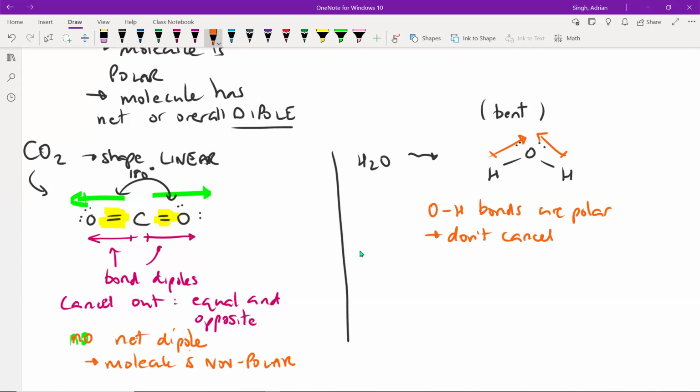The reason is that you can consider these dipoles as being vectors. You can split each into component vectors along the x-axis and the y-axis. For instance, this orange one on the left can be considered as a vector going this way and then one going that way, so it ends up the same as the orange.